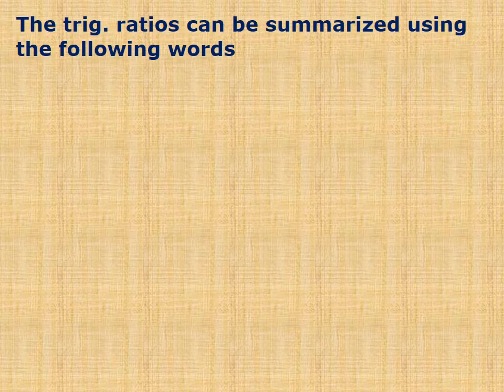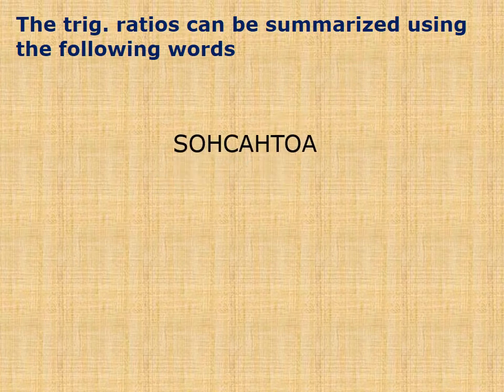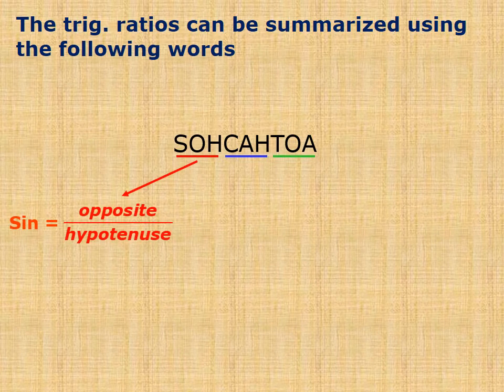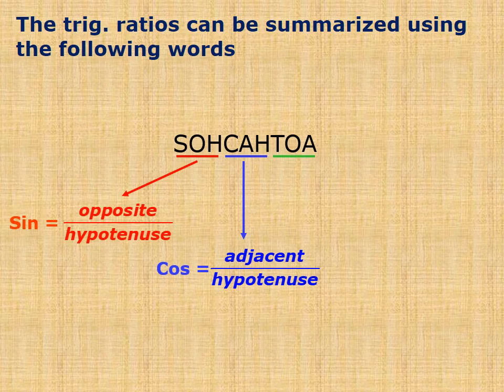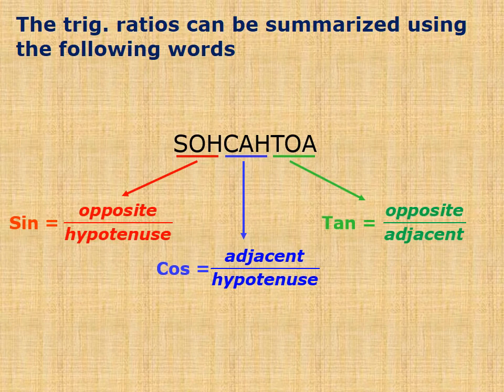Finally, I can say that the main trigonometric ratios for any acute angle can be written as: first, sine equals opposite over hypotenuse; the second one, cosine equals adjacent over hypotenuse; and the last one, tan equals opposite over adjacent.